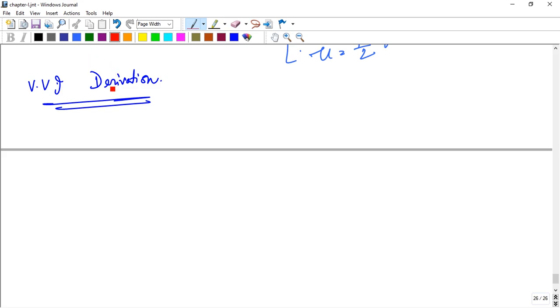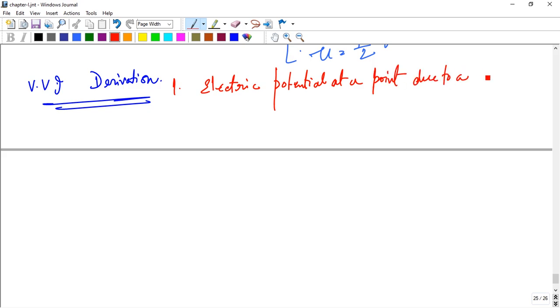The first derivation: electric potential at a point due to a point charge. That's very important. Number two: relation between electric field and potential, the derivation, that is E equals minus dV by dr.